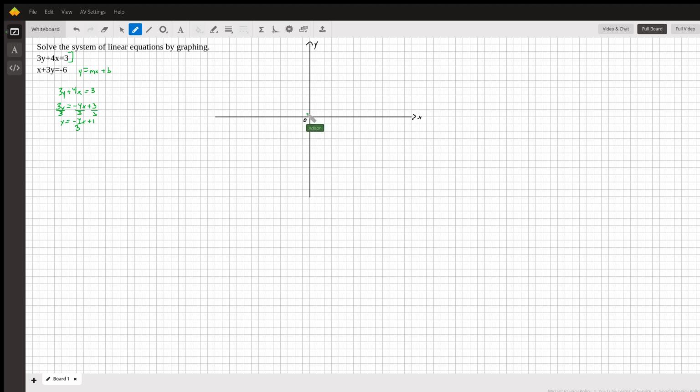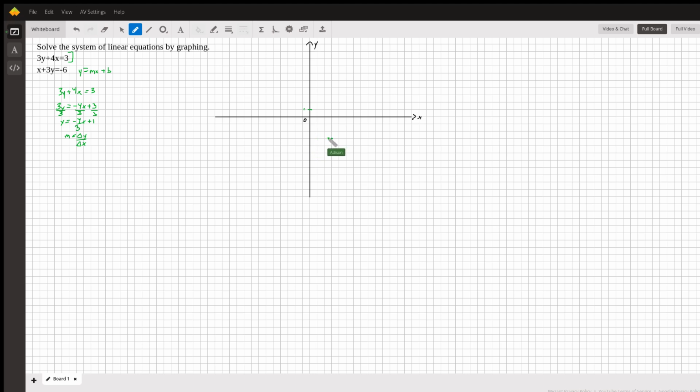So if we go over to our graph, we have a y-intercept of 1, and then we have a slope of negative 4/3. Now slope is equal to the change in y over the change in x. So our change in y is negative 4, and our change in x is 3. In other words, we are going to go down 4, 1, 2, 3, 4, for every 3 in x that we go.